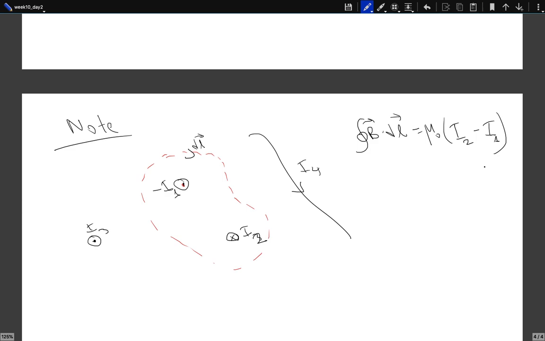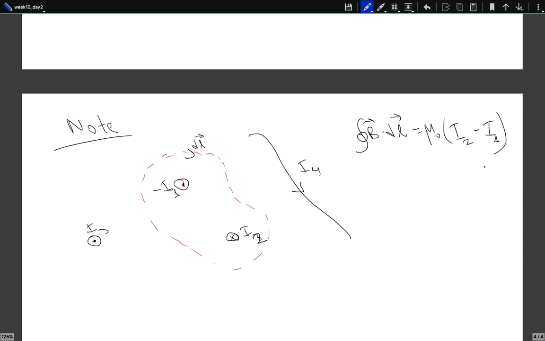You see, I3 changes the magnetic field. B depends on I3, but that integral is independent of I3, just like in Gauss's law. If you remember, in Gauss's law, we said that if you assume any closed surface, the electric field at a given point on that surface will have contributions from charges outside the surface, but when you integrate the electric field over the whole closed surface, only the charges inside that surface contribute.